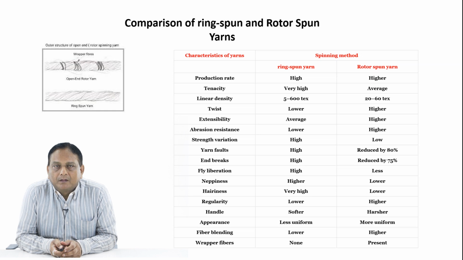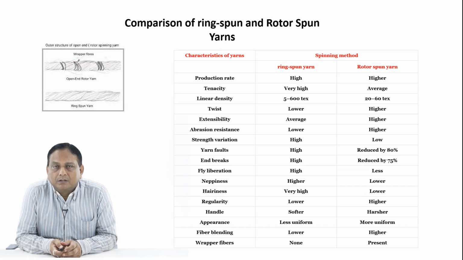Okay. Production rate: the ring spun yarn is high, but the rotor spun yarn is higher than the ring spun yarn. From the tenacity point of view, ring spun yarn is stronger, with very high tenacity, but in the case of rotor spun yarn it is average. Linear density: there is a difference in the tex, as you can see.